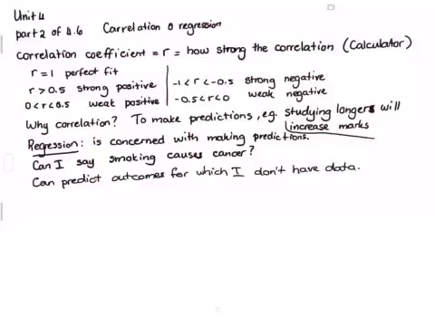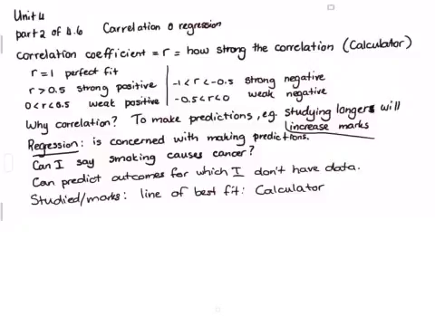If we take that example of the hours studied versus marks, when we talk about line of best fit, then we're actually going to use the calculator again to find the exact equation of a line that best fits all those scattered points that I have.